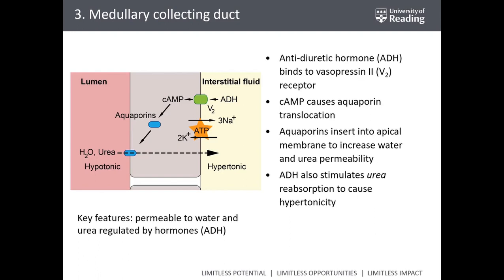These are G protein coupled receptors, specifically Gs protein coupled receptors, which result in the synthesis of the second messenger, cAMP. cAMP downstream regulates the insertion of aquaporins into the apical membrane of the epithelial cells of the collecting duct. And these aquaporins allow the passage of water and urea from the lumen into the interstitial fluid, from the hypotonic environment to the hypertonic environment.